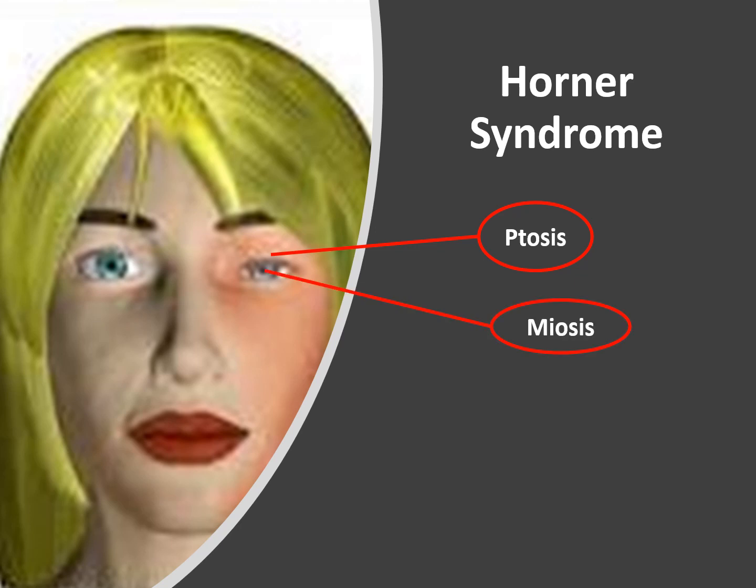Miosis, which is constriction of the pupil. Anhidrosis, absence of sweat. Vasodilatation, due to the absence of the sympathetic vasoconstrictor effect. So the skin will be warm and more red in comparison to the healthy side. Enophthalmos may be seen in animals.